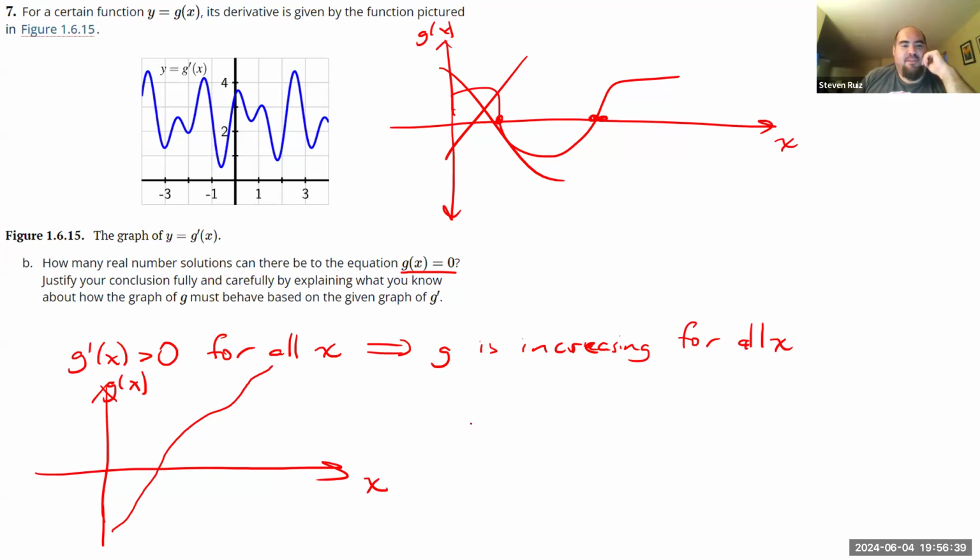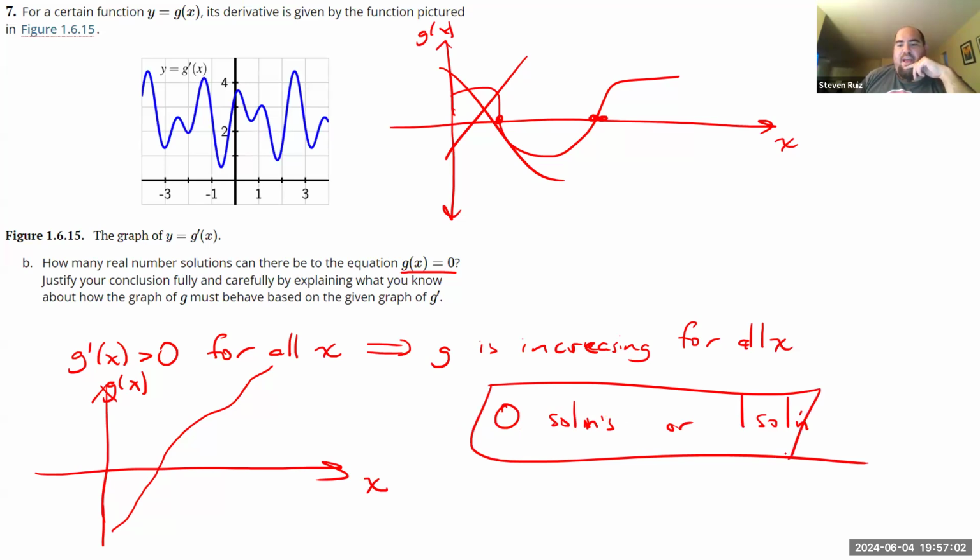But there's also the possibility that maybe this graph is entirely above the x-axis, which means it can never cross the x-axis. So those are my two possibilities: 0 solutions or 1 solution. Hopefully, the way I've explained this has convinced you that it's impossible for there to be more than 1 solution. So there's at most 1.